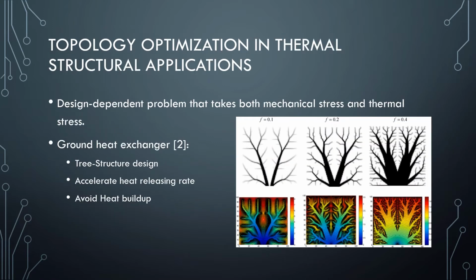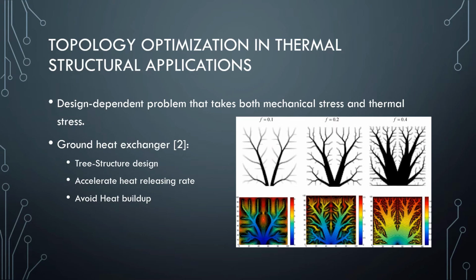In terms of thermal structural application, thermoelastic topology optimization is one complicated application. This method is a design-dependent problem that takes into account both mechanical stress and thermal stress. This optimization optimizes the design to be stiff enough to support a mechanical load and able to release the thermal stress.